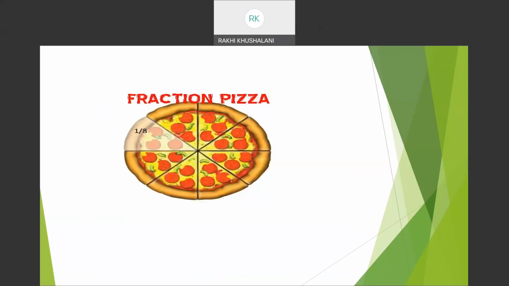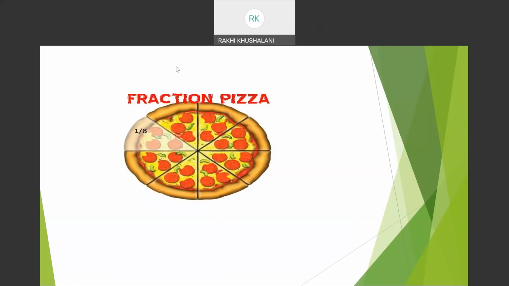There is a pizza here, which is divided into exactly 8 parts, and one of the parts will be called 1/8 part of the pizza, represented as 1/8 fraction of pizza. So we are going to write it as 1, a line, and then 8.